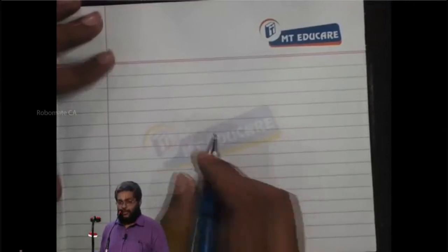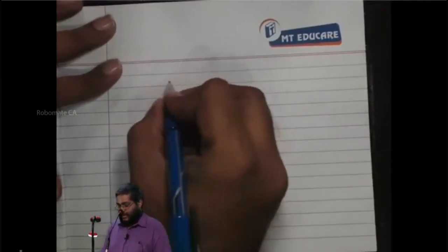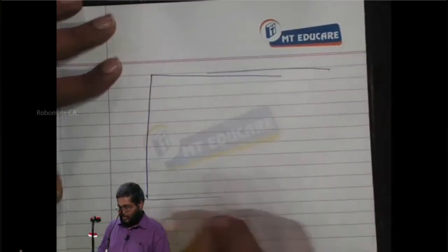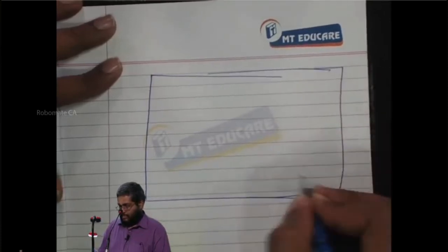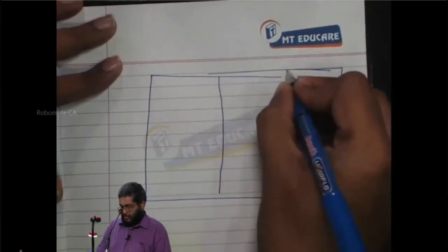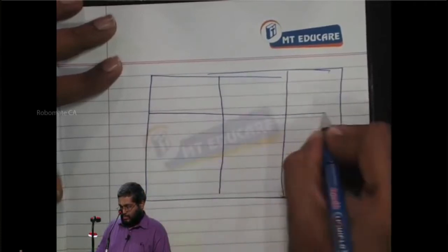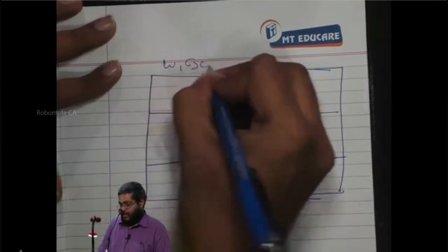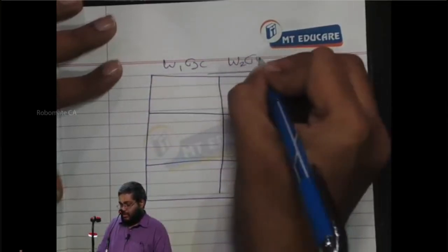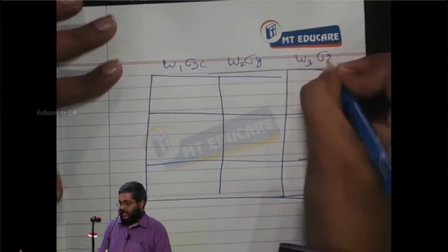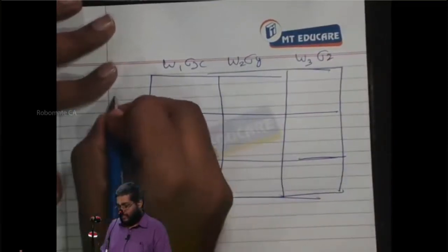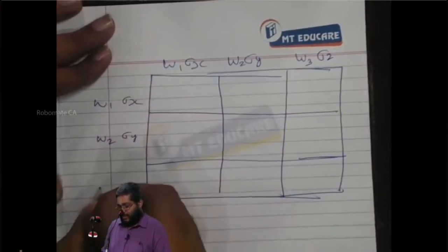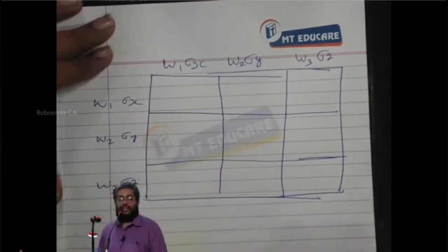See, let's see for the 3 security portfolio what is happening. Okay, I write like this. W1 sigma X, W2 sigma Y, W3 sigma Z. Please, shh.